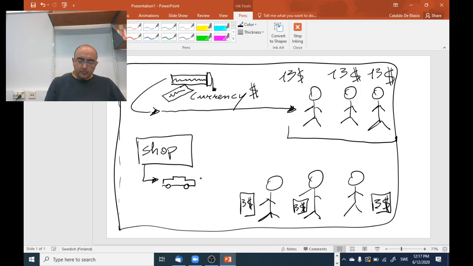If, for example, you put $1 on a car, these people here can buy only 3 cars, but of course, they have to think also about the money required to buy food, for instance, or other things, because in reality there is not only one shop, but many shops.